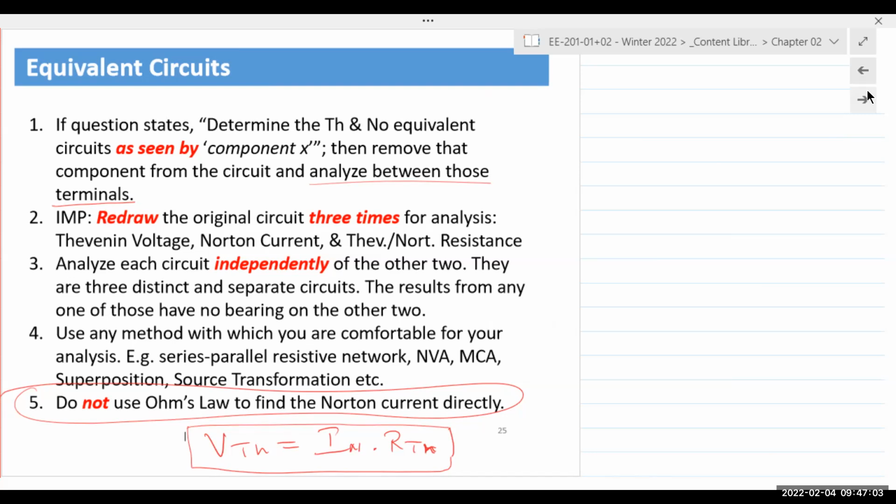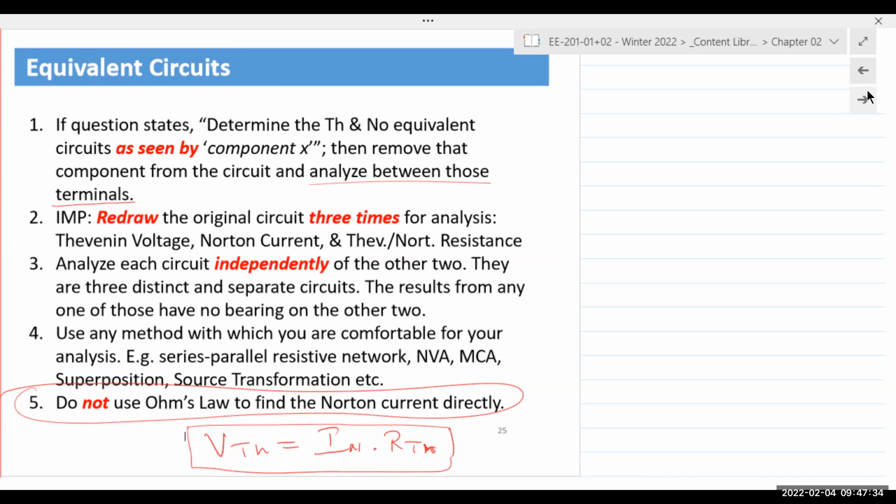So any electrical circuit can be represented with a Thevenin source, a Thevenin resistance, and a Norton source. Okay. So we have 3 quantities that we need to find: Thevenin voltage, Norton current, and Thevenin and Norton resistance. All 3 of them are independent, meaning you would take the original circuit and redraw it 3 times. So you have 3 different circuits. That's the most important thing to remember.